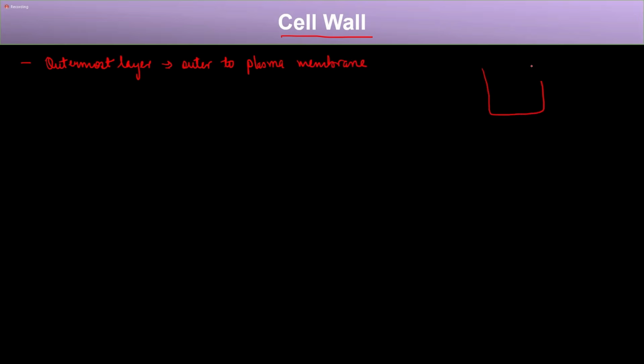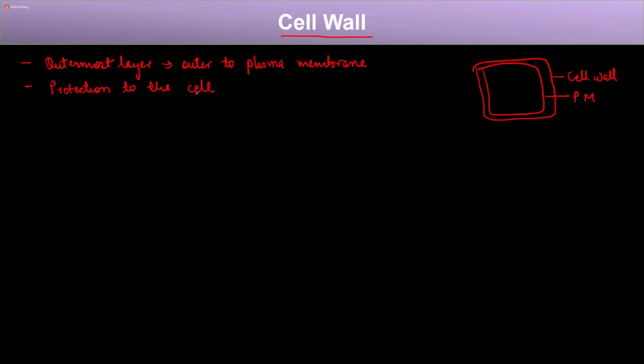So you have this plasma membrane, and then outer to the plasma membrane there is another layer that is called the cell wall, and this is the plasma membrane. Now, what does this cell wall do? It provides protection to the cell.